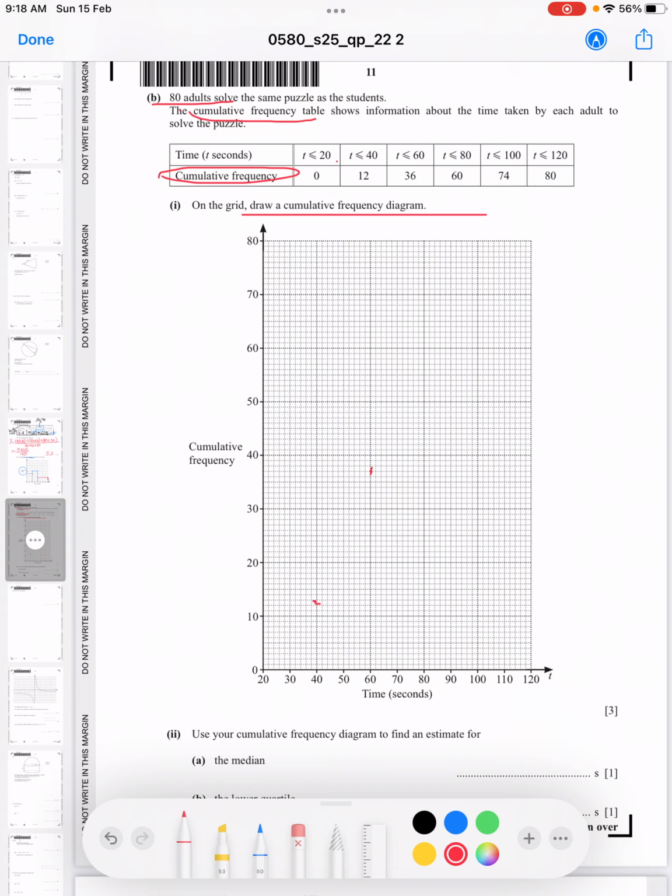Then at 80 the value is 60. At 100 the value is 74. And at 120 the value is 80. So the graph will become like this.